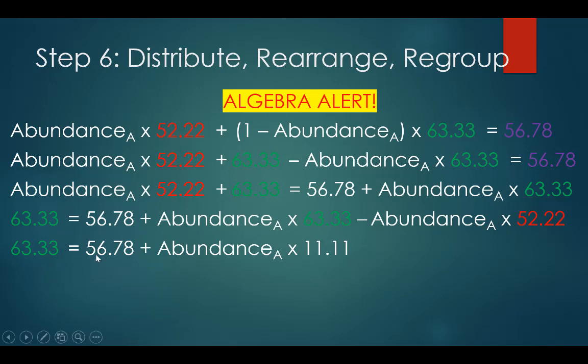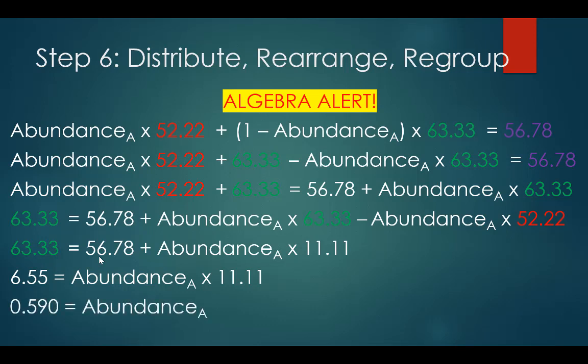Now we're almost done. I'm going to take care of these terms by subtracting 56.78 from both sides, and I get 6.55 equals abundance A times 11.11. And we've reached our final step of division, and I find that abundance A is 0.590. That was a lot. This number should be between 0 and 1. If it's greater than 1, you've done something wrong.